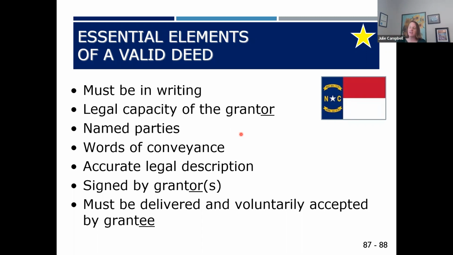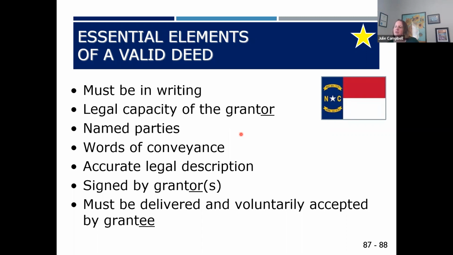Deeds do not have to be witnessed. Deeds do not have to be dated, although doesn't it just make sense to put a date on it so we know when this happens? But the judge isn't looking for the date. It's not an essential element. Deeds don't have to include a statement of the exact amount of consideration. Again, some form of consideration is required, but we're not looking for an exact amount. Deeds don't have to be acknowledged or notarized. They can be, but they don't have to be.